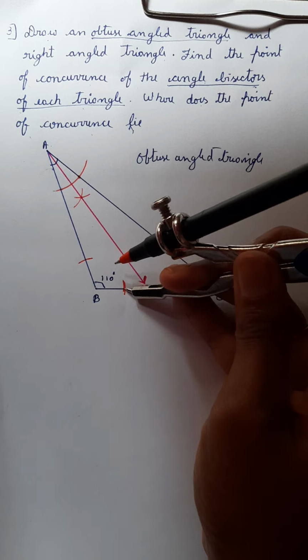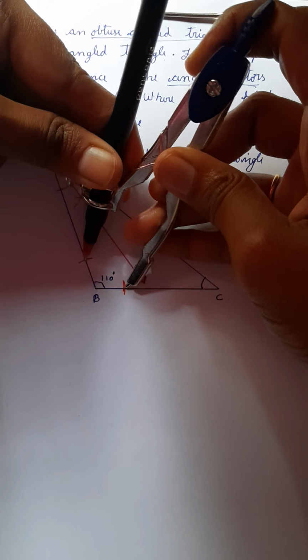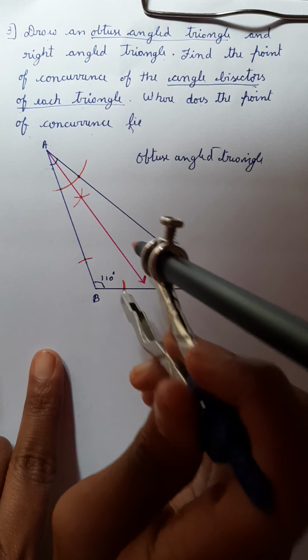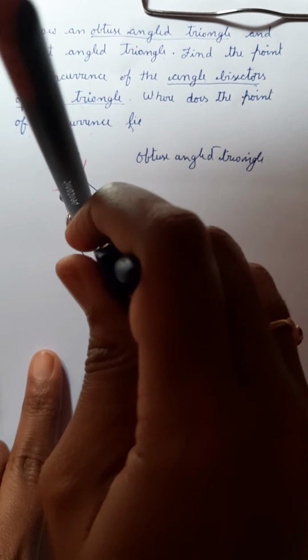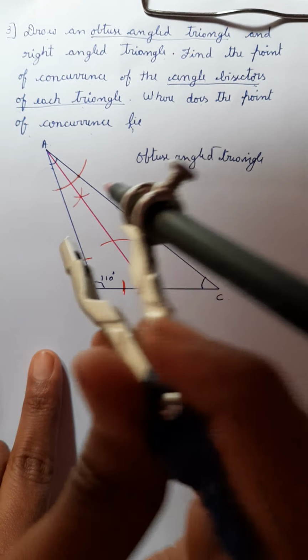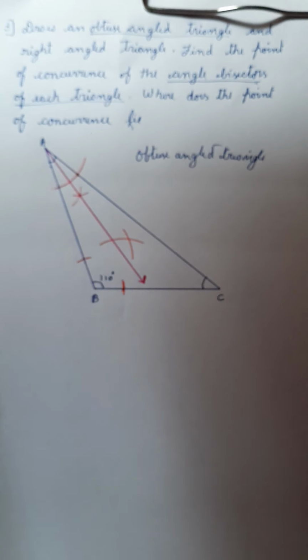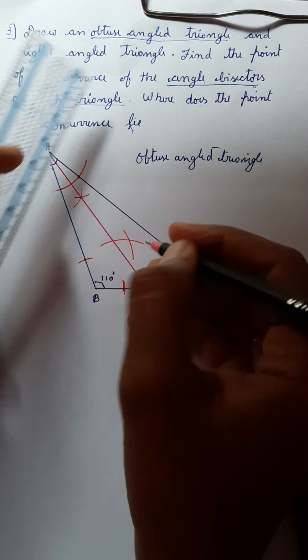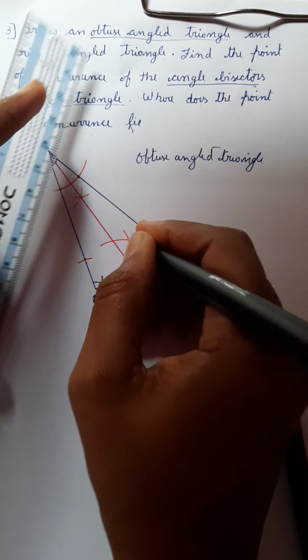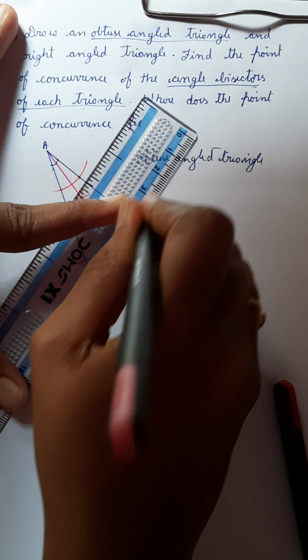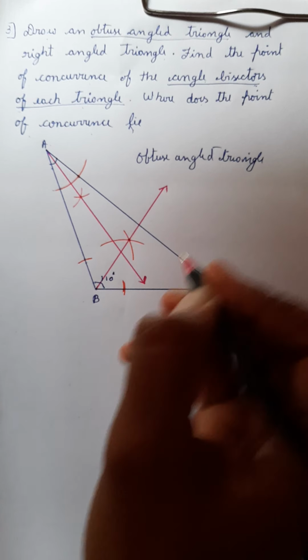Next, take the measure of these two. After taking, keep on the intersection point and here. Now wherever it meets, from that point to B, draw the bisector.